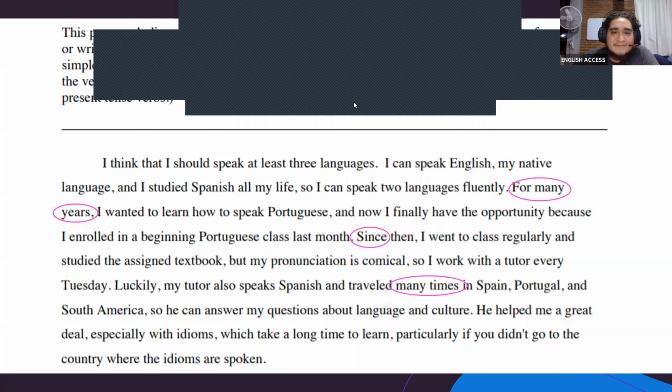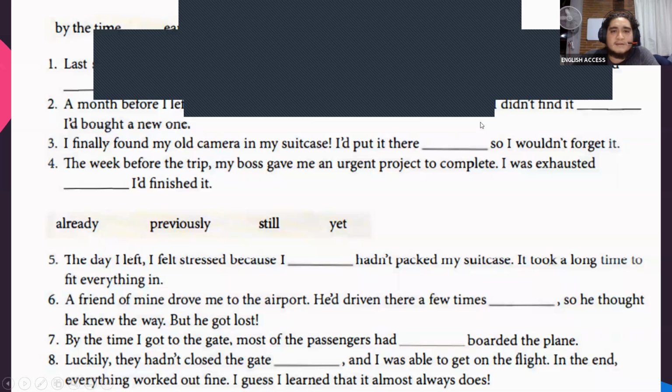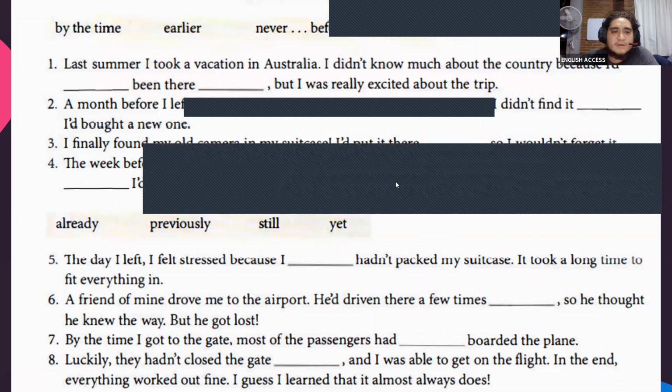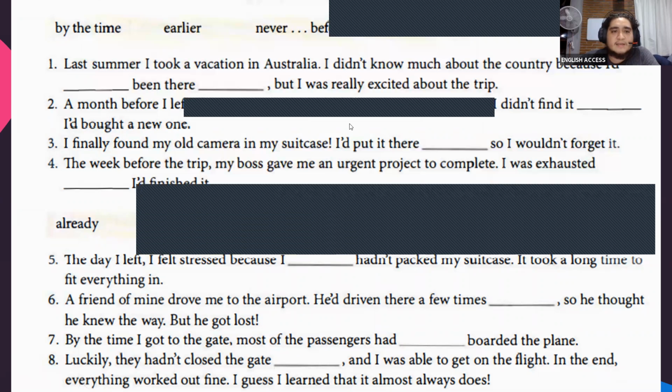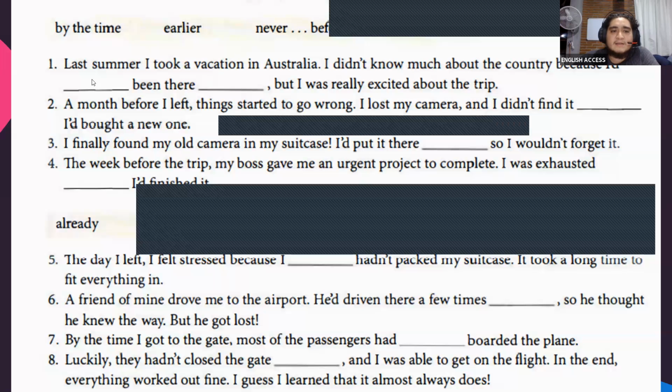Well, we have more exercises here on this presentation, but I'm going to send them to you. So I'm just going to show you the next. Here we have eight statements, eight sentences, and we're going to complete the blank spaces to fill the gaps with the expressions here.